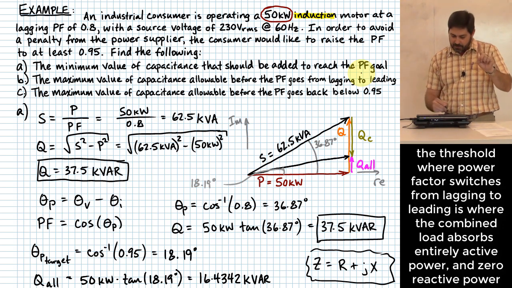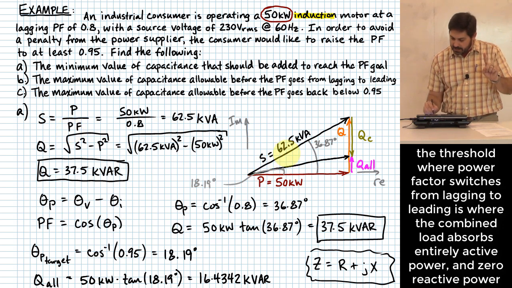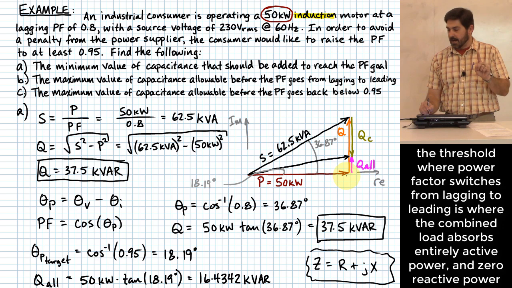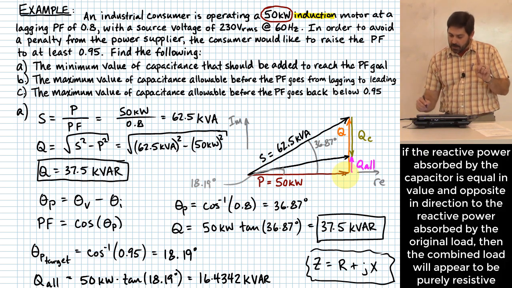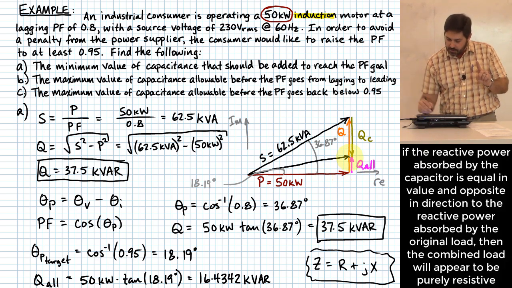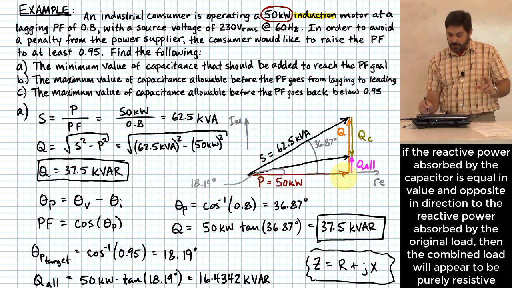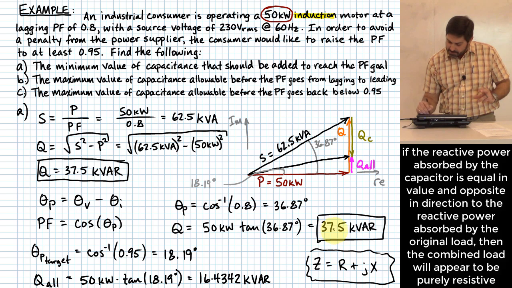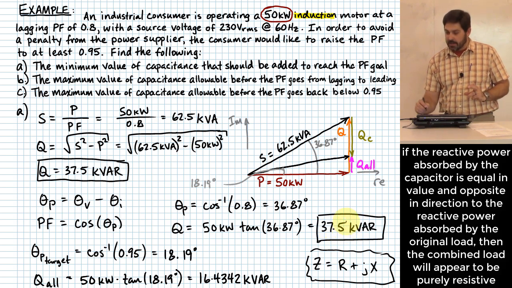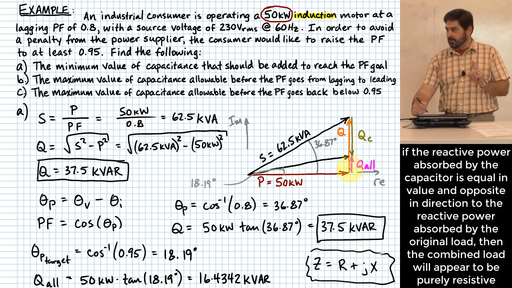And if your power factor is 1, then that means your S vector literally lays on top of your P vector, right? Does that kind of make sense? So how much QC do I need to cause my S vector to lay on top of my P vector? The entire 37.5 kVAR, it has to correct all of that back down to a power factor of 1, right?